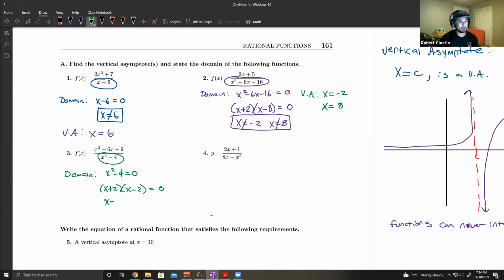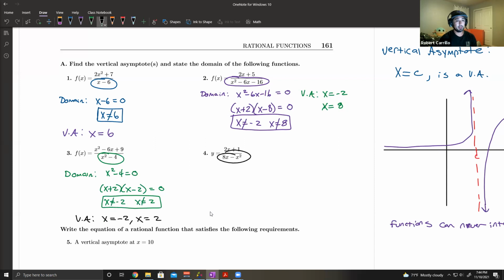You'll get x equals -2, x equals 2. But again, if x is -2 or 2, the denominator becomes 0. So there's our domain. And if you have your domain, you have your vertical asymptotes. X equals -2, x equals 2.